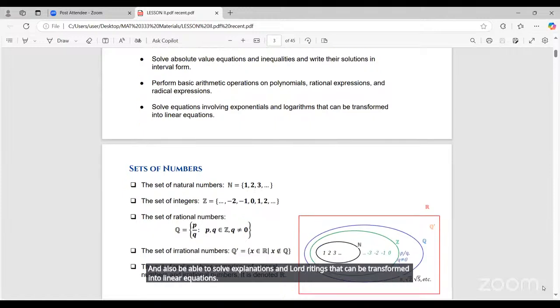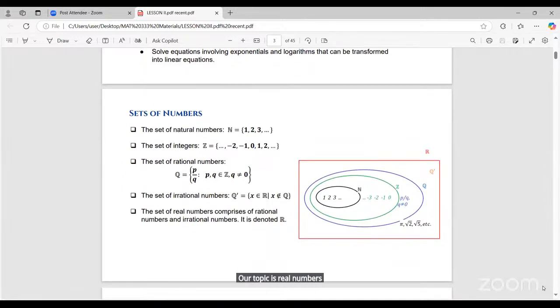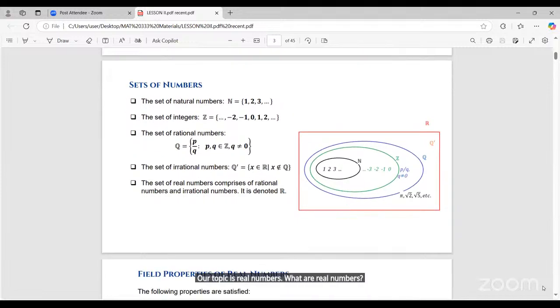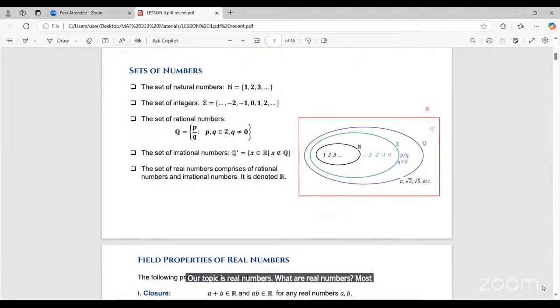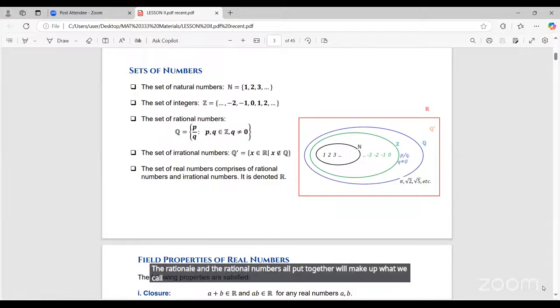Our topic is real numbers. What are real numbers? Most times, when we define real numbers, we say the rational and the irrational numbers all put together make up what we call the real numbers.